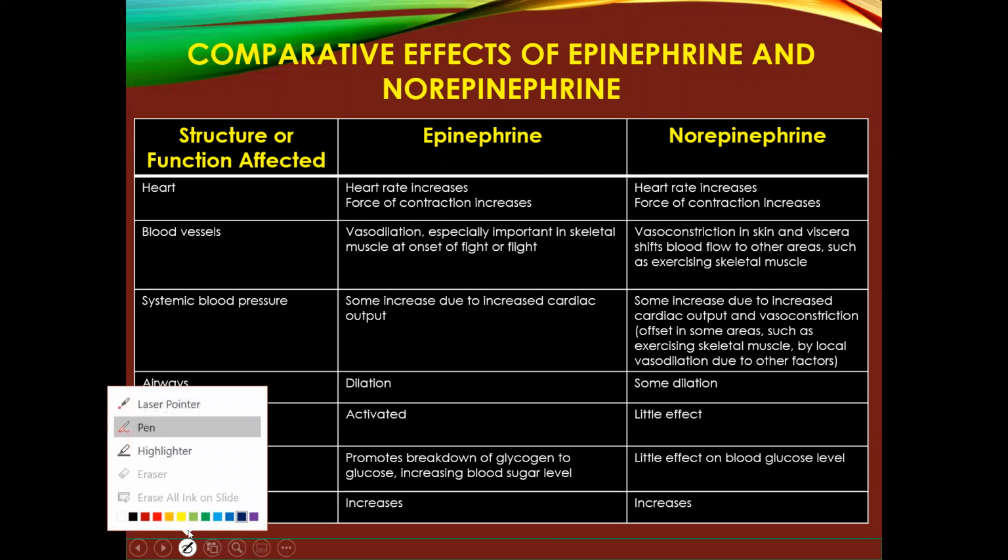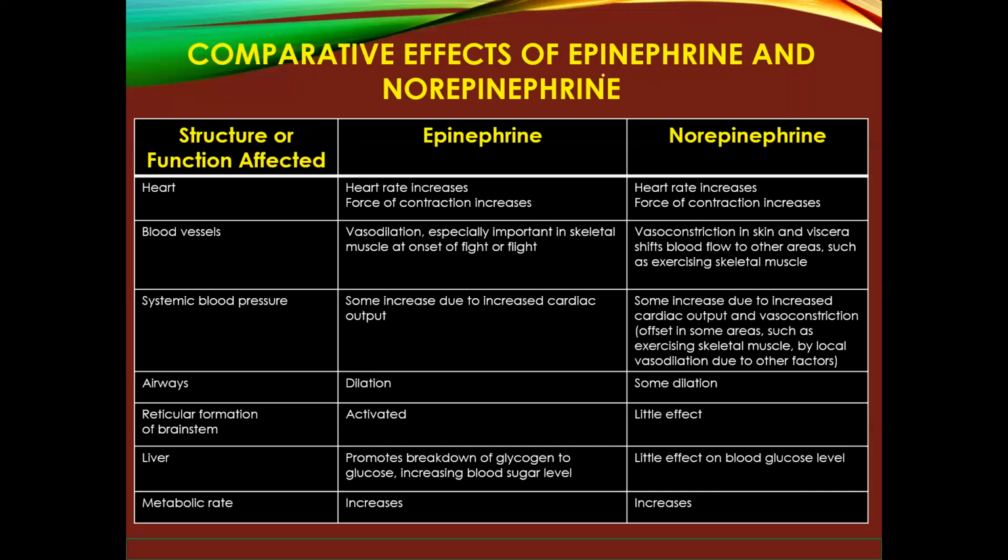We start with epinephrine and norepinephrine. These hormones are actually the same as the neurotransmitters released by the sympathetic division of the ANS, the autonomic nervous system, which increases the heart rate, increases the breathing rate, right?